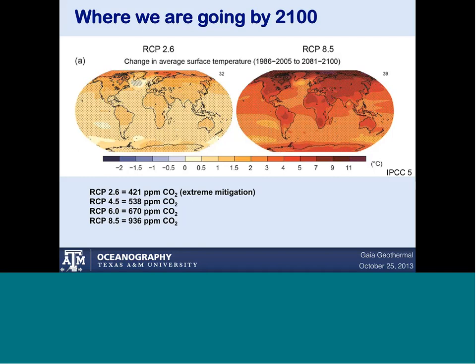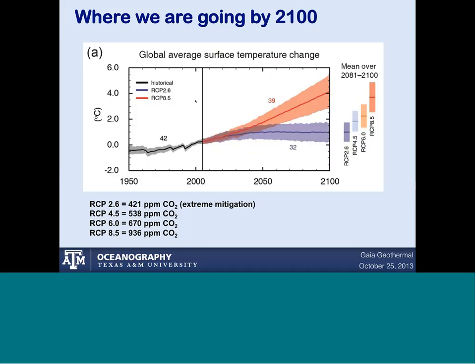This is the worst case scenario, a very warm world, where you're seeing warming upwards of 11 Celsius at a huge part of the planet. So again, I think this is probably an extreme. Hopefully we won't get there, but even in the best case, we're going to still see warming on the order of 1 to 1.5 degrees beyond what we've already experienced during the second half of the 20th century.